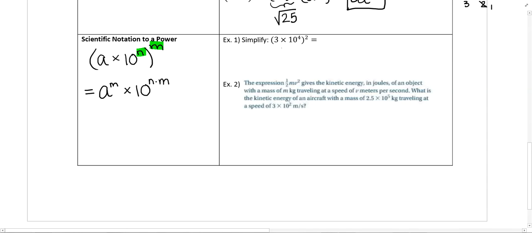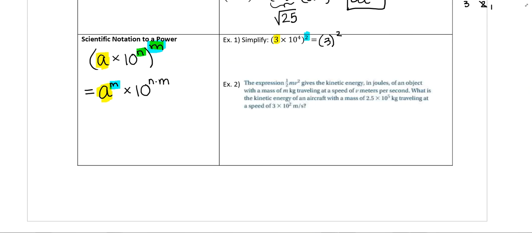Let's give an example a try. Here we have 3 times 10 to the 4th, all being taken to the 2nd power. So we are going to start by doing 3 to the 2nd power. So the 3 is like the a here, and then the m is the 2. So I'm taking the a to the mth power.